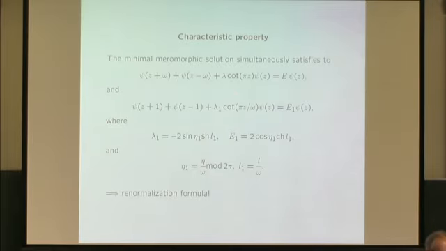You remember I have introduced these two new parameters. Then, by these formulas, we compute L1 and eta1, and then we recover lambda 1 and e1. And this observation is one of the two key observations leading to the renormalization formula I have written.